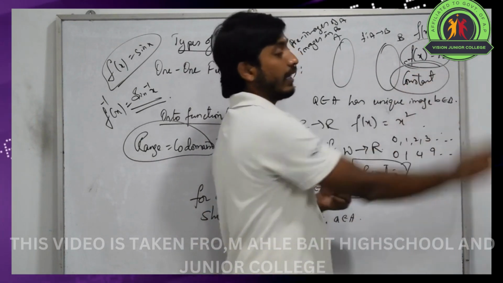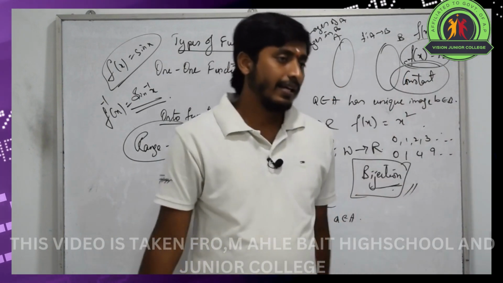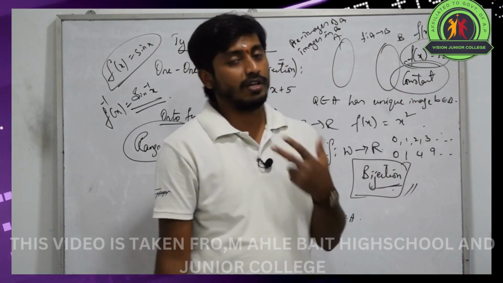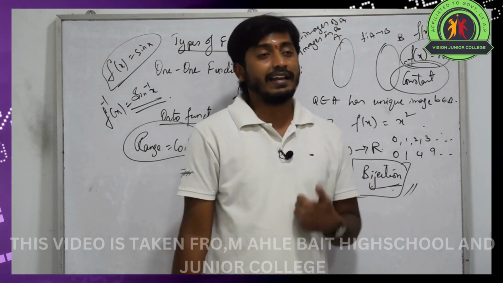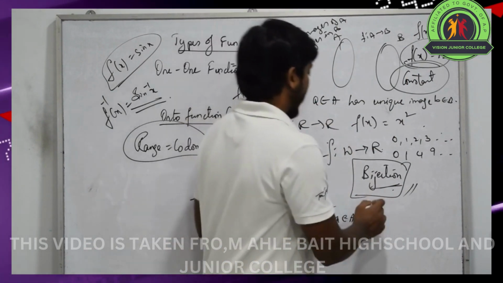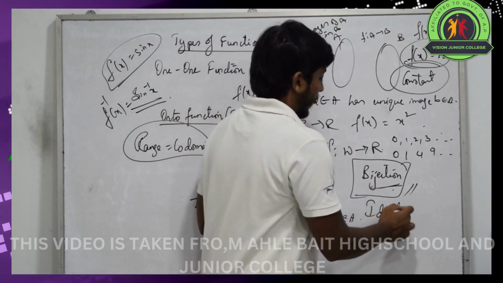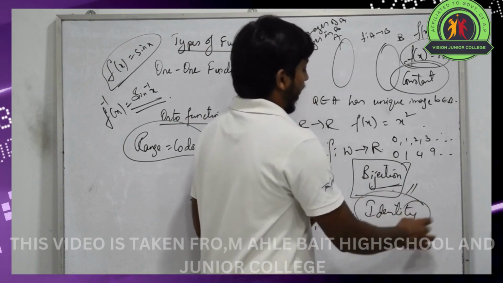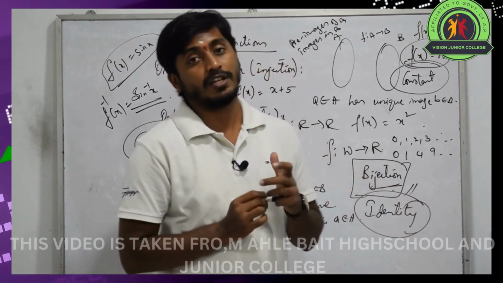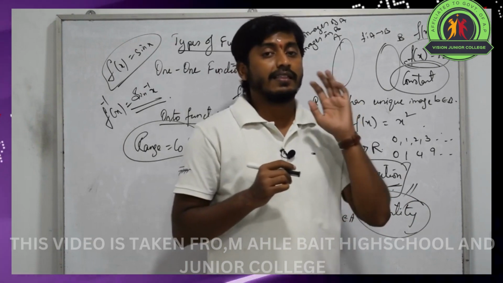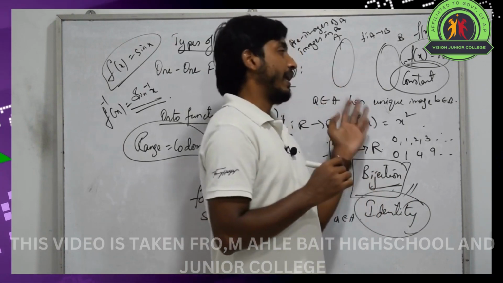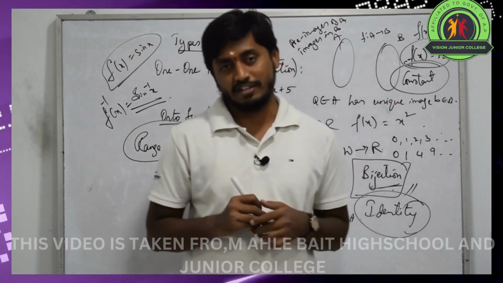Clear? Is it right? That is called a constant function. Clear? And the next function which we are going to discuss is the identity function. What is this identity function? Just tell me. Identity function is a type of function in which the value of pre-image is equal to the image.